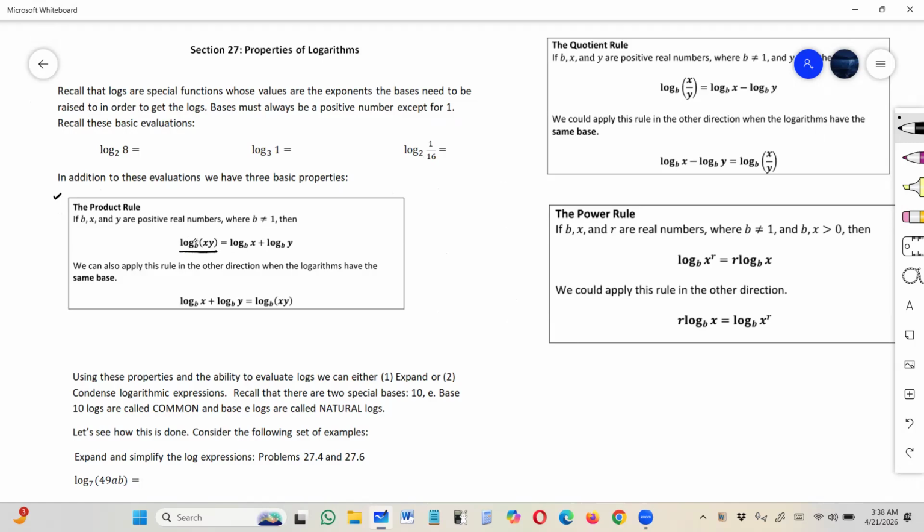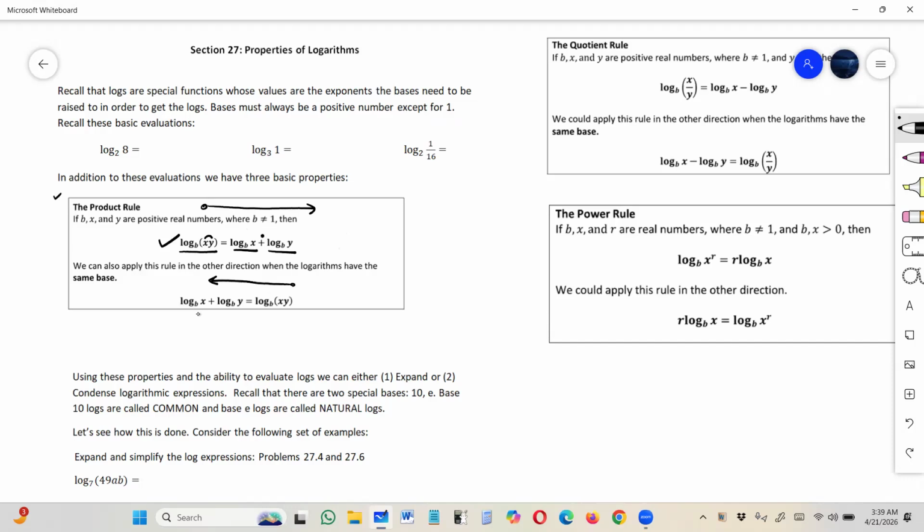The log of any base of a product is the log of the first element plus the log of the second. Now, this is if I'm going from left to right. If I'm going from right to left, it's the opposite.